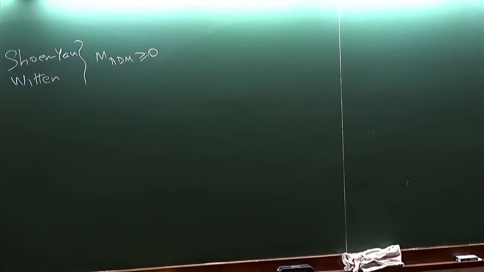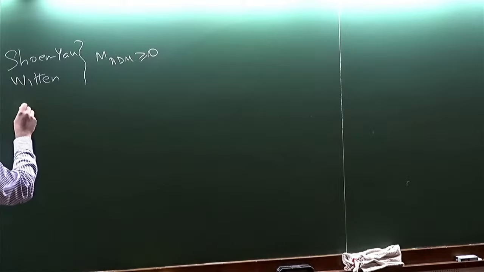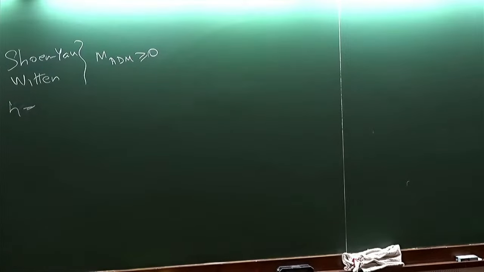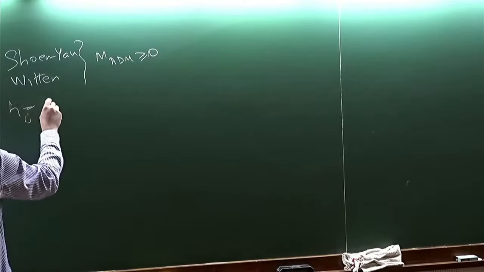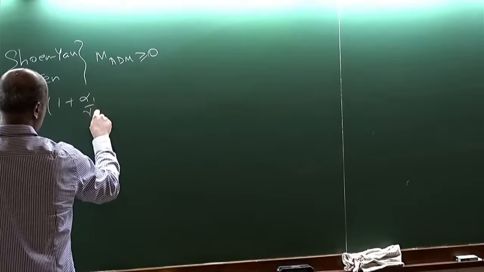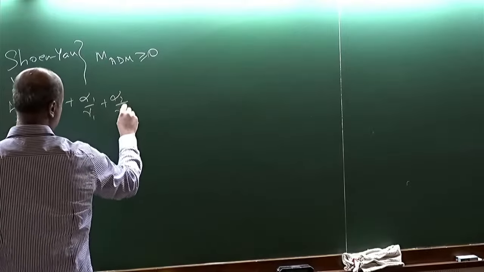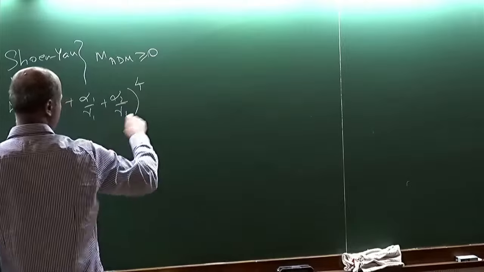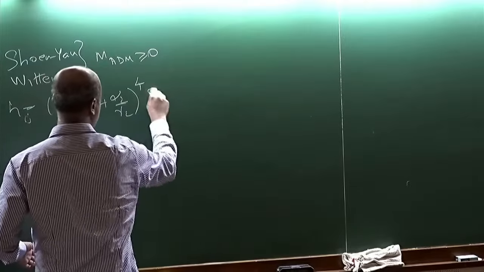Okay? So then you see from the expression for the conformal factor, in the case of the two black holes, right? So in that case, we have the H. Sorry, this should be Hij, not delta Ij, of course. So Hij for that case was 1 plus alpha 1 upon R1 plus alpha 2 upon R2, to the power 4, times delta.